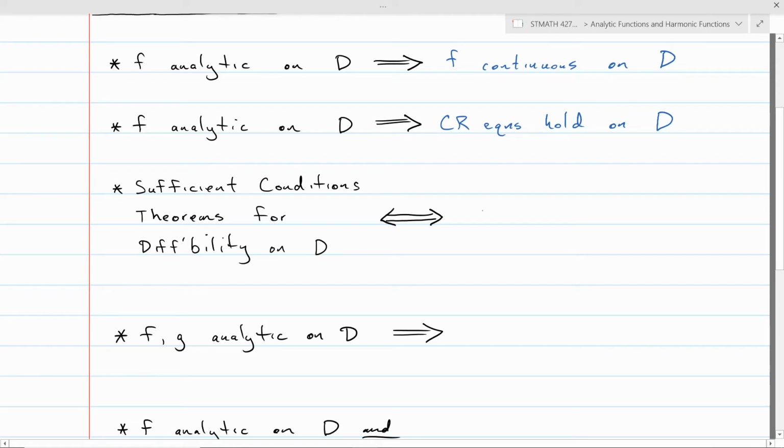The sufficient conditions for differentiability on the set D just are tantamount to saying that the function is analytic on D.